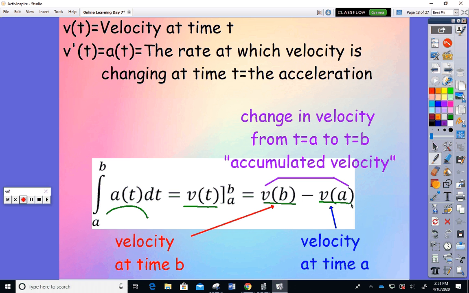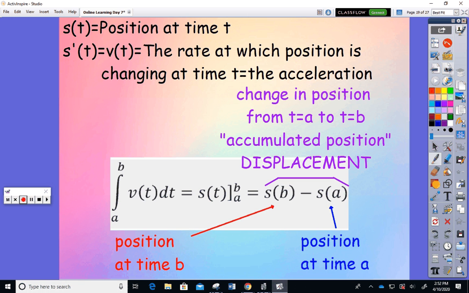Okay? So the overall increase in velocity is 10. That's the amount or the accumulated velocity. So again, we want to make sure that you understand that when you integrate a rate of change, you accumulate an amount of change.